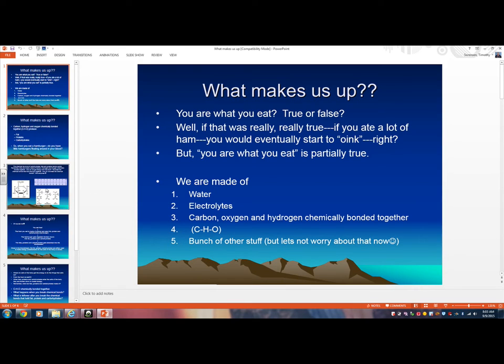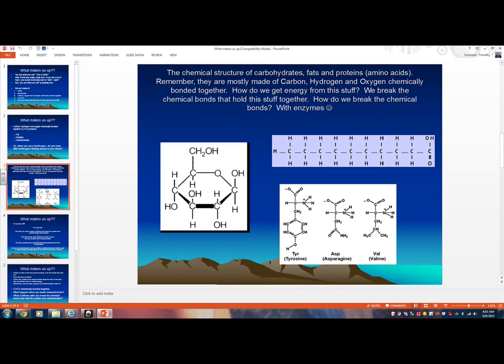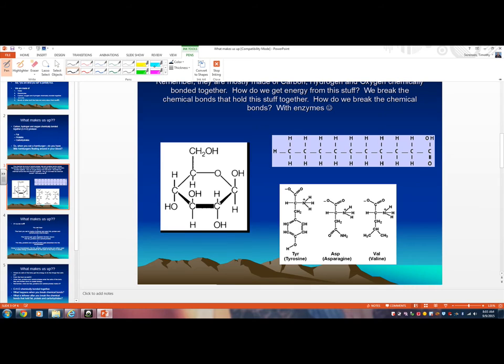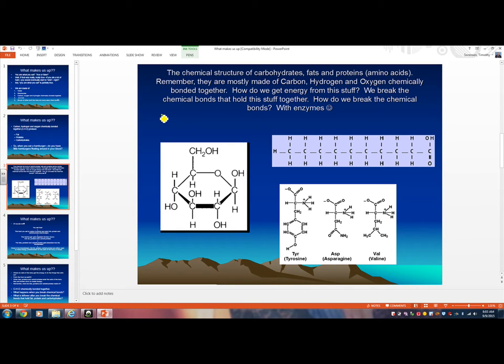So remember, there are two main classes of compounds in the body. They are organic compounds, and by definition, an organic compound, my definition, contains carbon, hydrogen, and oxygen chemically bonded together.